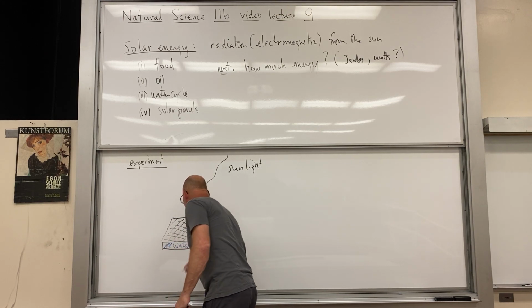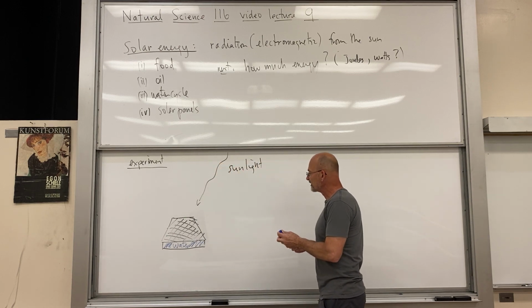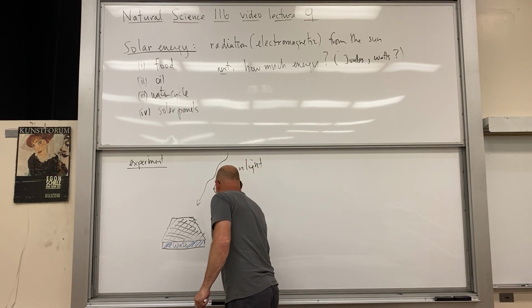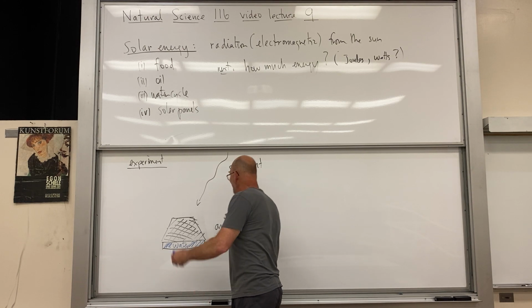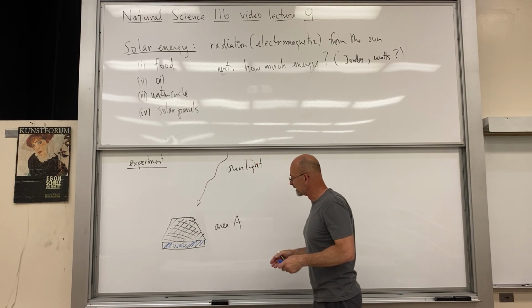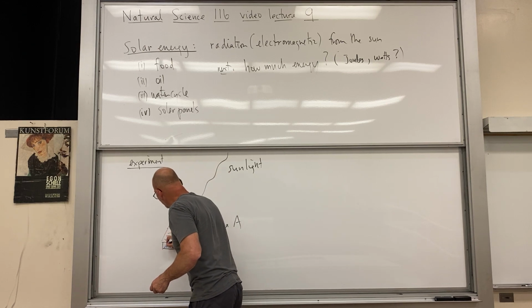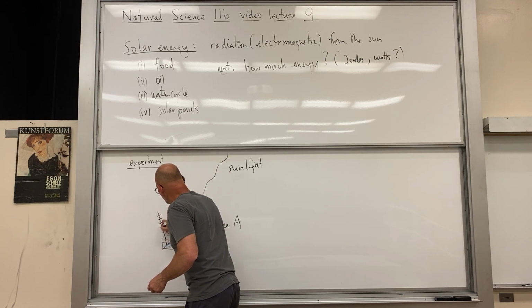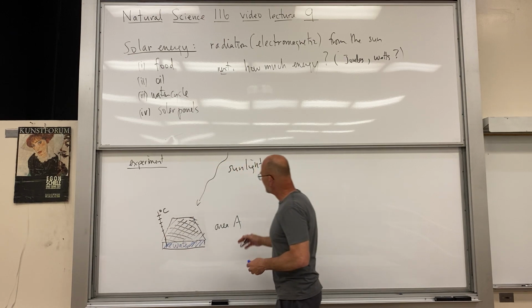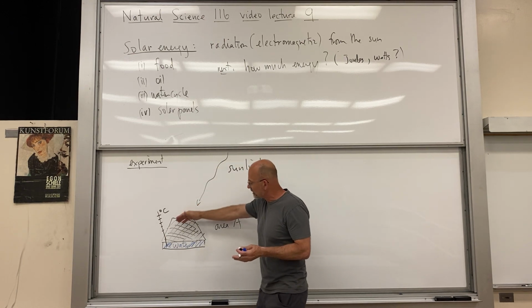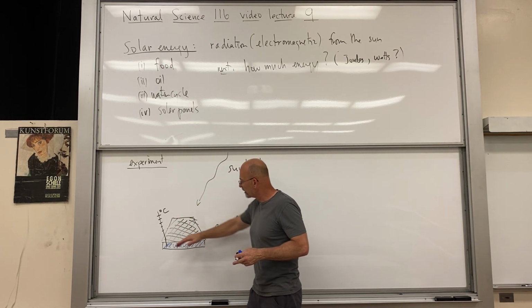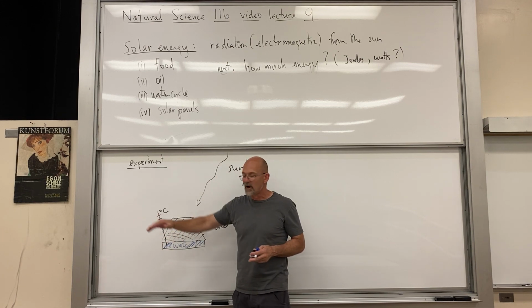Okay, so we've got a water-filled box, and it has an area A facing the sun. Okay, the box is full of water, and let's just indicate that it has a thermometer in it. So as the sunlight heats the water in this box, we can record the temperature change with a thermometer.